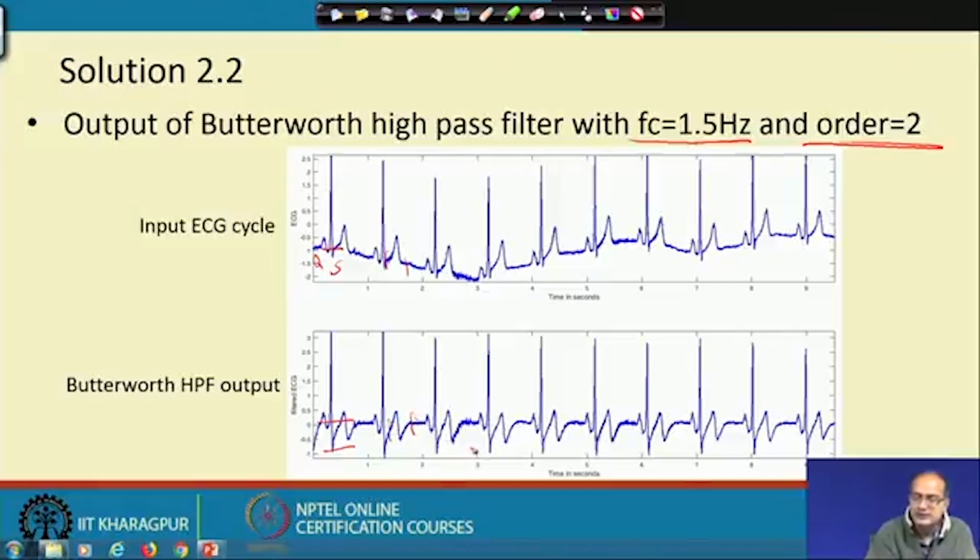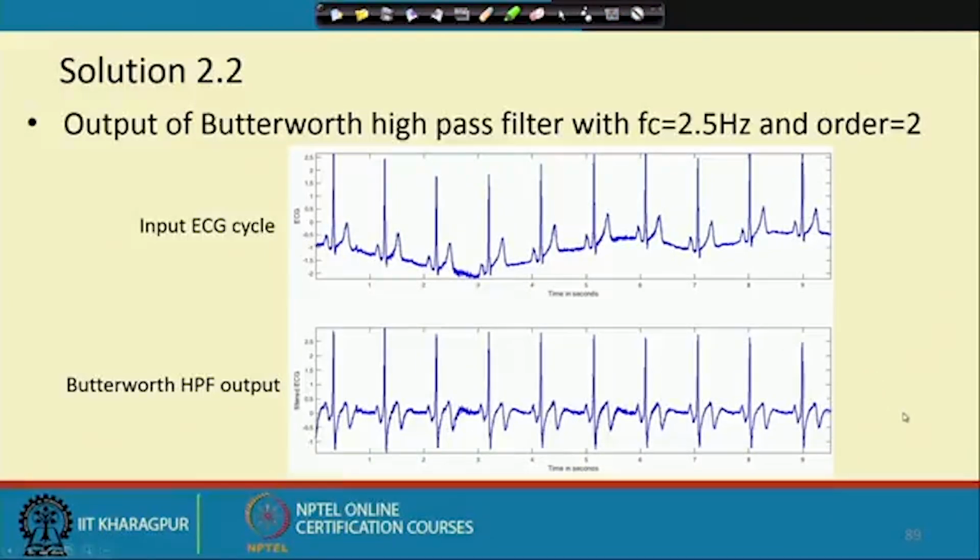Okay. So, we see some distortion is creeping in by increasing the cutoff frequency from 0.5 to 1.5. The P wave, fortunately, has less impact. So, that is the overall change with respect to the previous one, we can say.